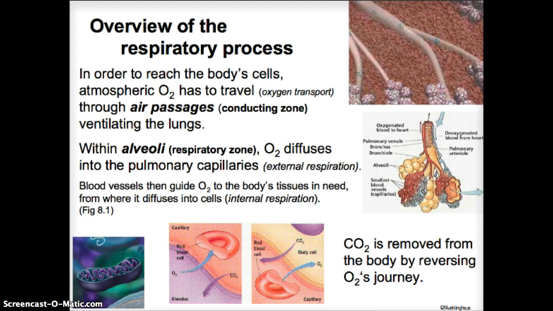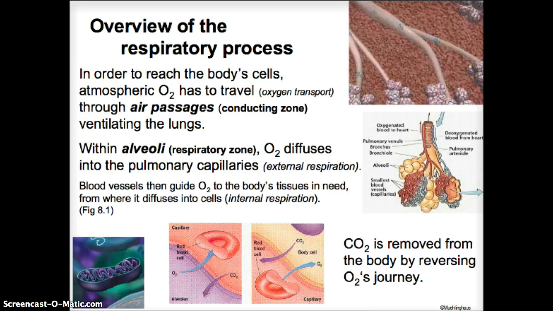Let's have an overview of the respiratory processes. In order to reach the body cells, atmospheric oxygen has to travel from the outside through air passages, and then it has to ventilate the lungs. Oxygen travel, we call that oxygen transport, when we talk about that as a title.